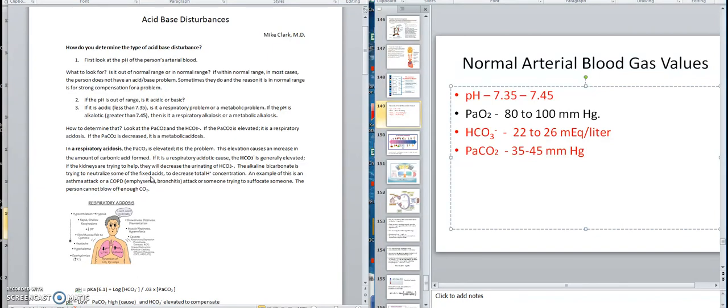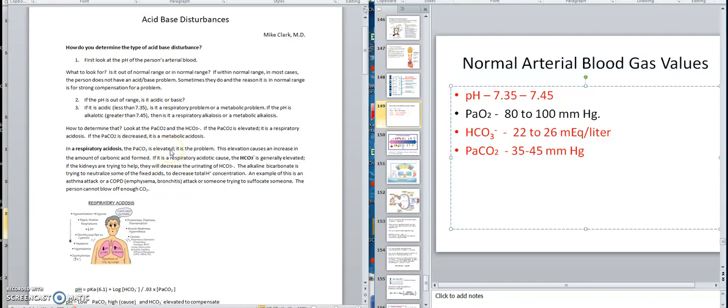Remember, we had volatile acids, the ones created from the carbonic acid, and fixed acids would be like lactic, hydrochloric, and other acids in your body. So the bicarb is trying to neutralize some of the fixed acids to drop that value, to compensate for the increase in the volatile acids.